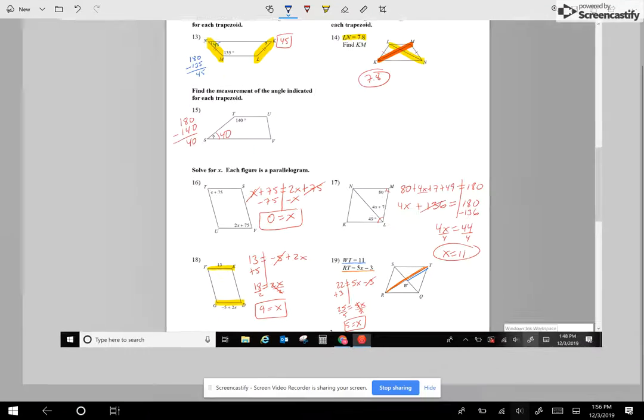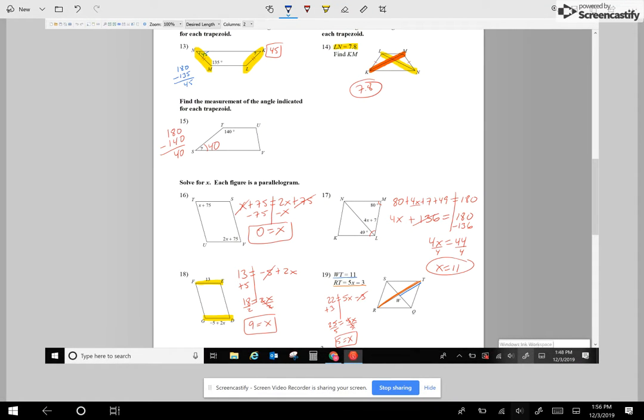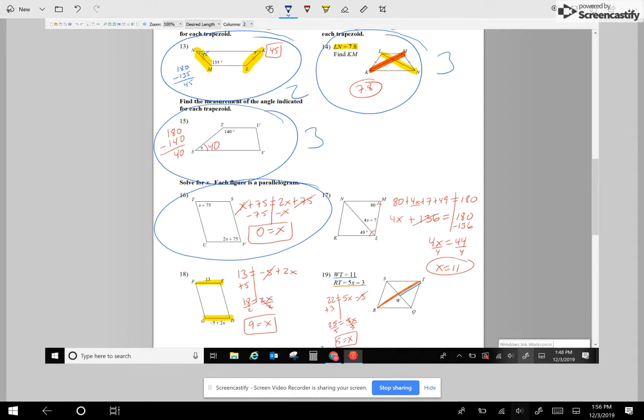Now the quiz tomorrow is going to have 20 questions. From number 13, we're going to have 2 of them. From number 14, we're going to have 3 of them. From number 15, we're going to have 3 of them. Now, number 16, angles. I can be dealing with opposite angles or adjacent angles.